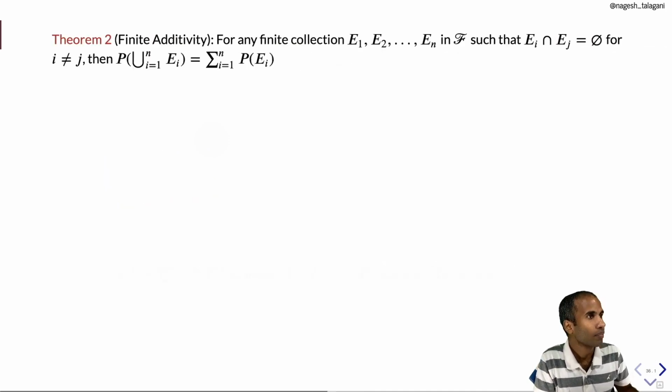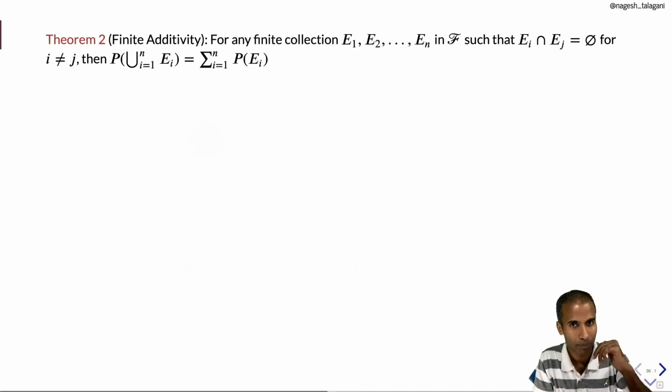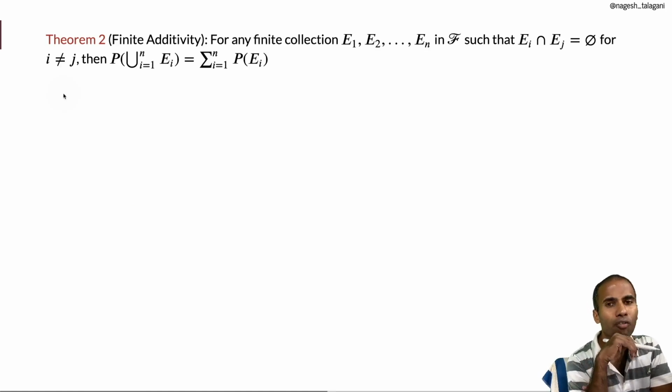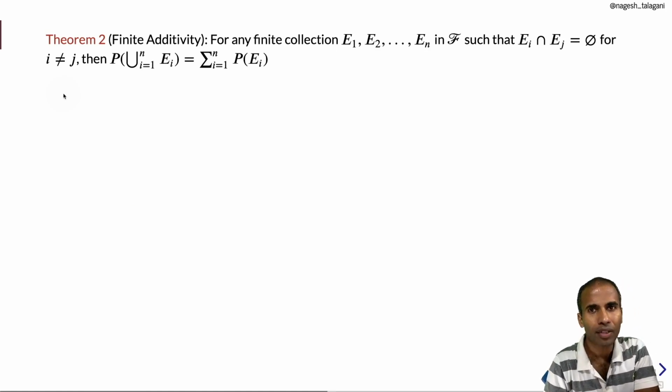Next one, finite additivity, which is a weaker form of axiom 3, so it should be true. We'll prove it anyway. Here we have a finite collection of mutually exclusive events. Here E1, E2, ..., En are events such that Ei intersection Ej equals empty for i not equal to j.